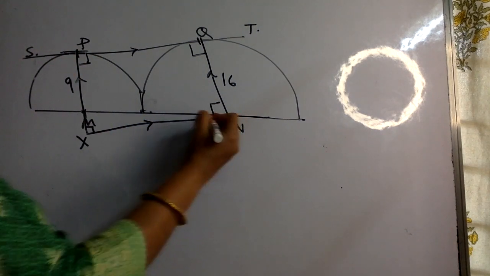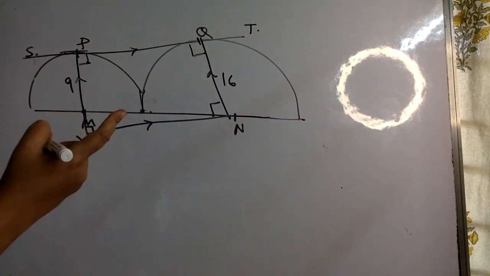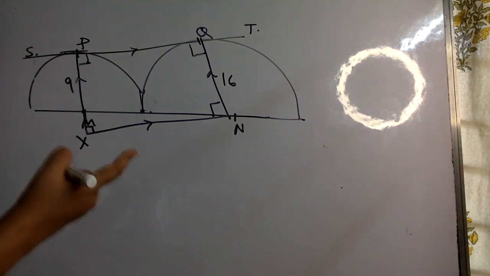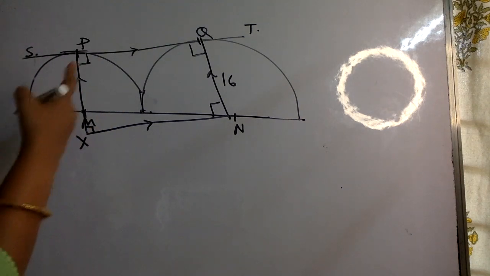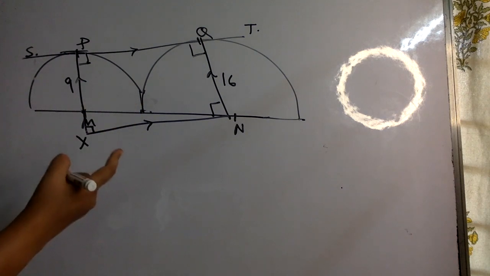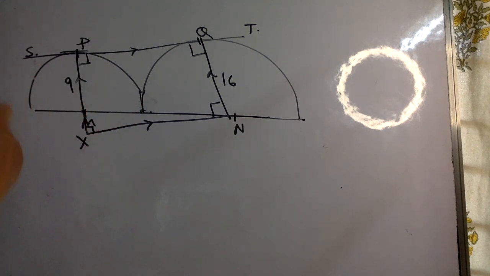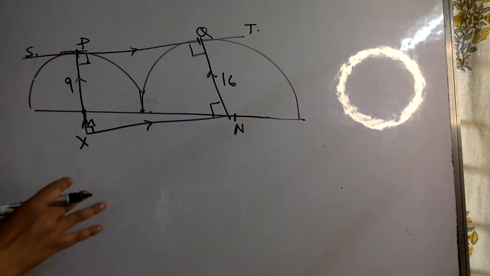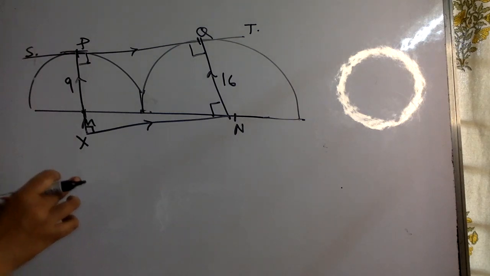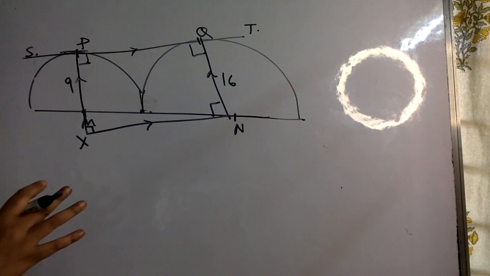This is also 90. So all angles of this parallelogram are 90 degrees, in that case we have a rectangle over here.